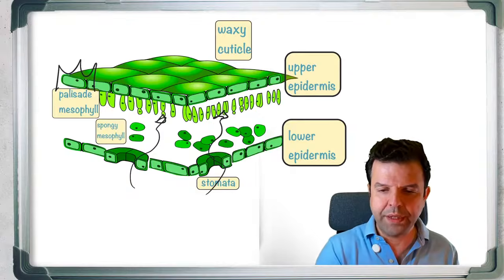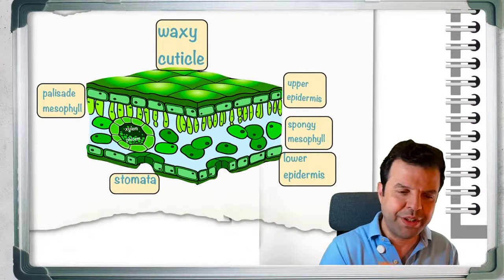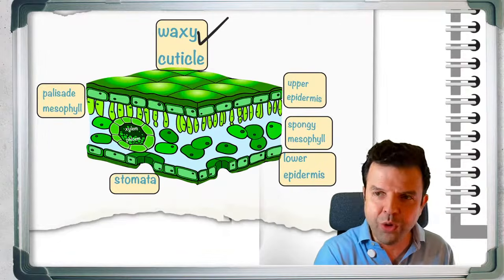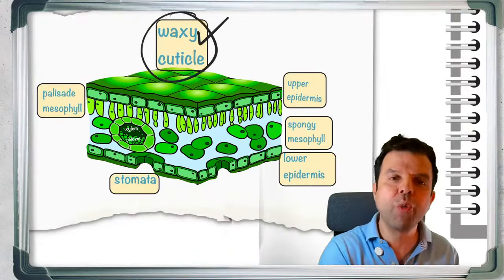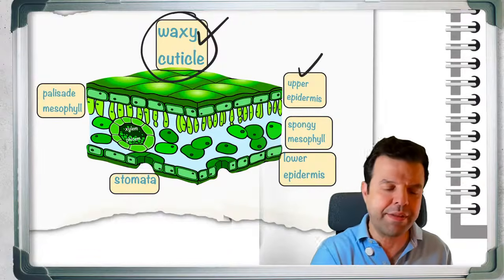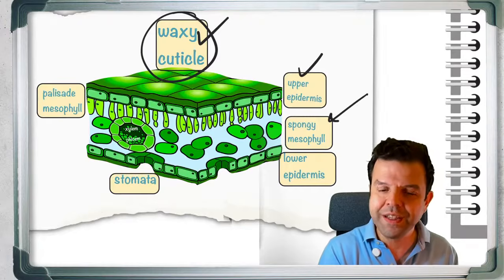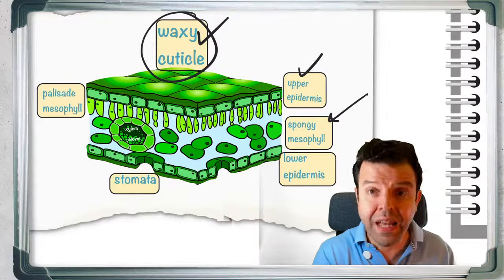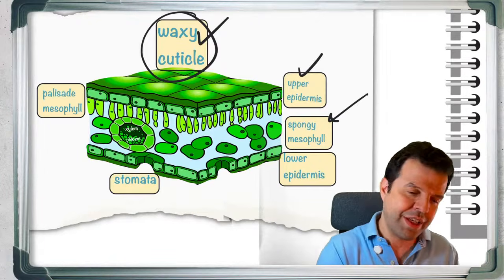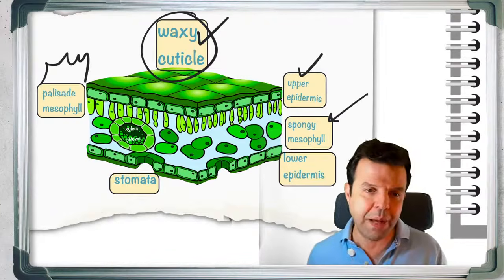So, once again, the leaf structure: we got the waxy cuticle to prevent water loss, epidermis transparent, letting the light pass through, spongy, that's the layer that allows gas exchange. I got the palisade, that's where most photosynthesis happens.